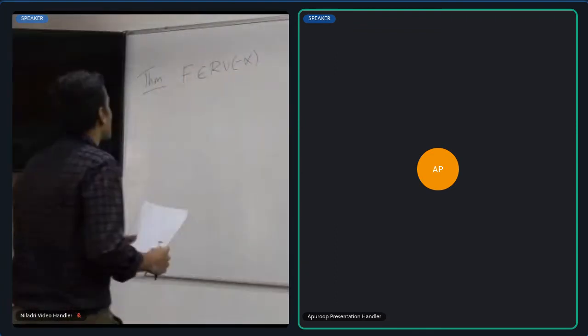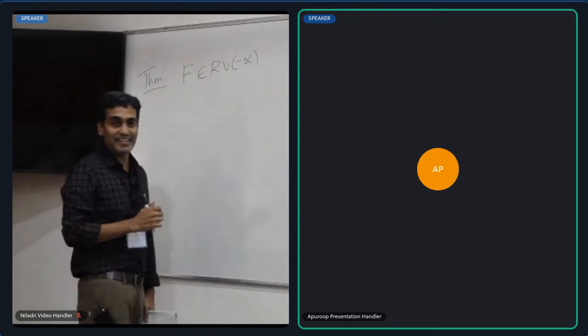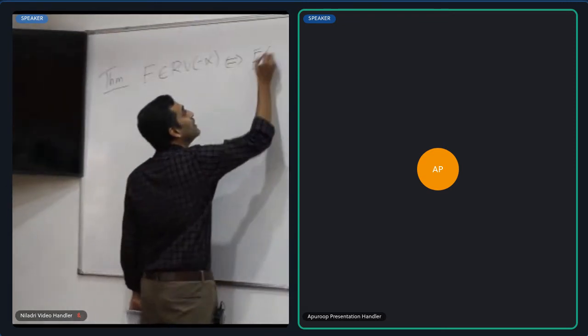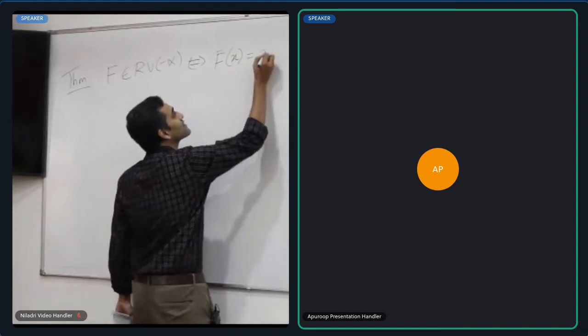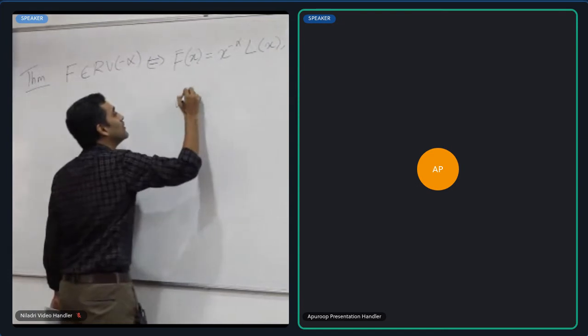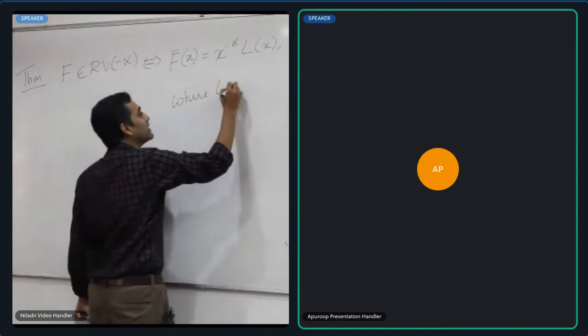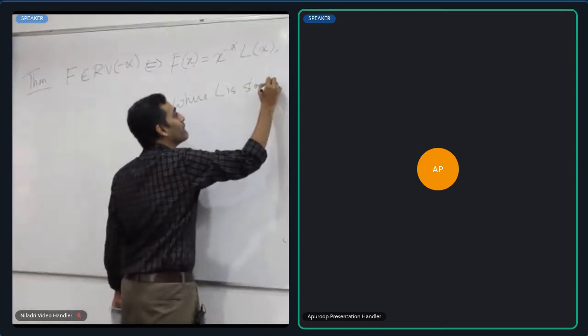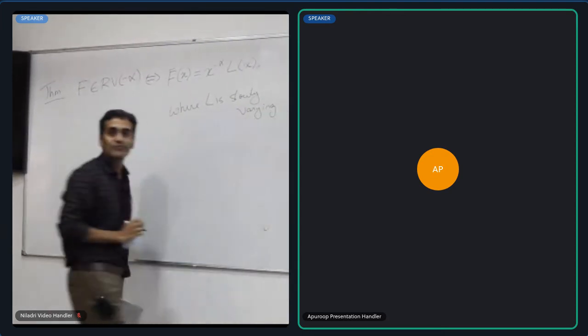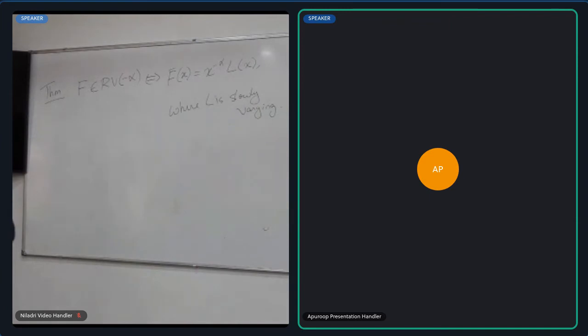So f is regularly varying with index minus alpha if and only if f bar of x is x raised to minus alpha times L of x, where L is slowly varying. Okay, so this is the connection.